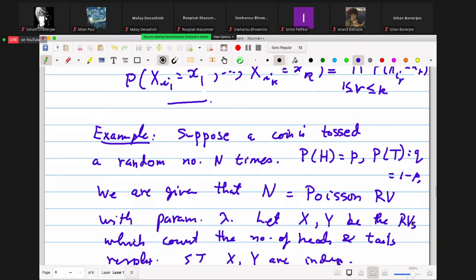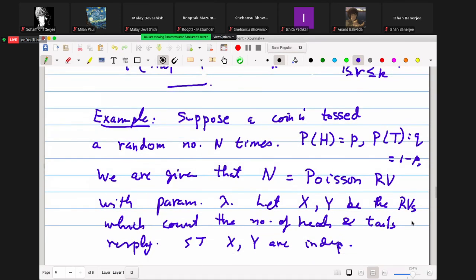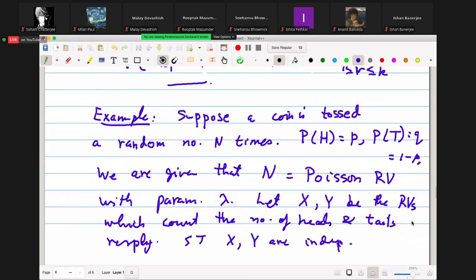So, yeah, if you want in real life, okay, so you see, for example, the number of telephone calls that a typical office receives in a day is known to follow Poisson distribution. Or the number of accidents taking place in a city is known to follow Poisson distribution.